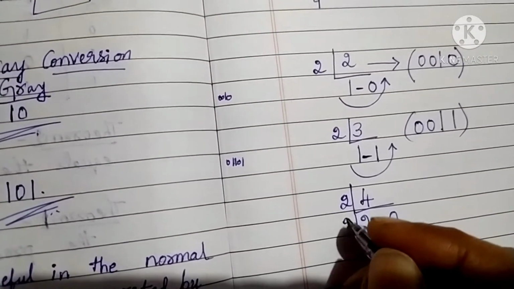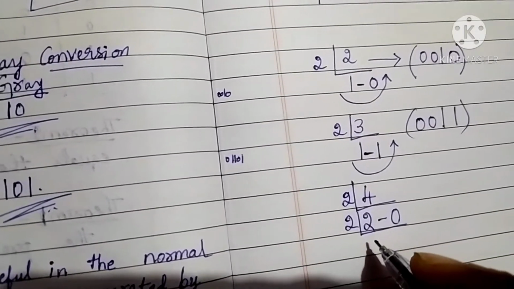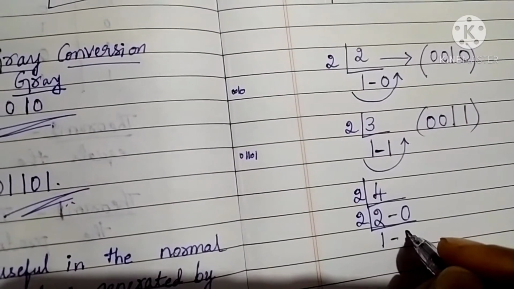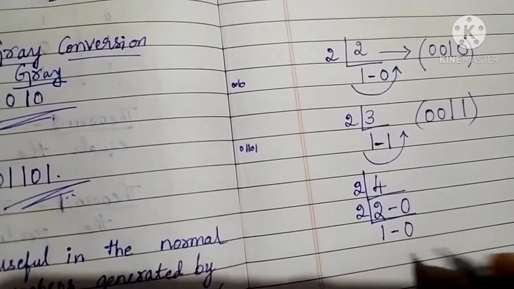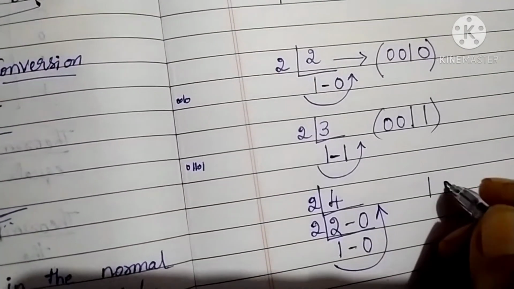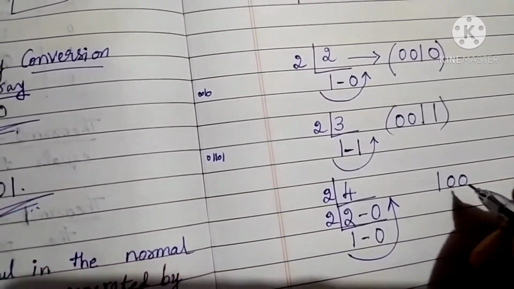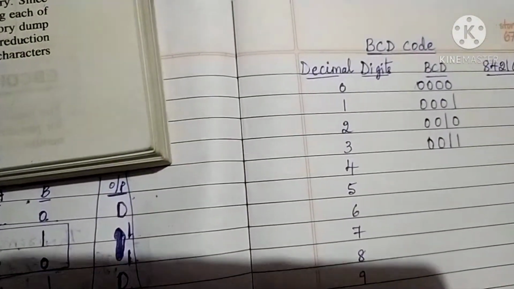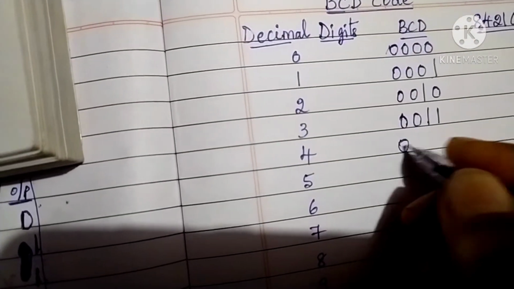Divide once again until you get 1 or 0 as the answer. 2 ones are 2, the remainder is going to be 0. So write in reverse order, 1 0 0. Since we need 4 bits, append it with 0: 0100.